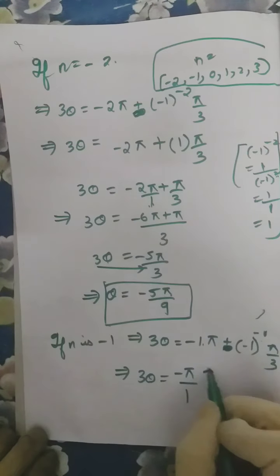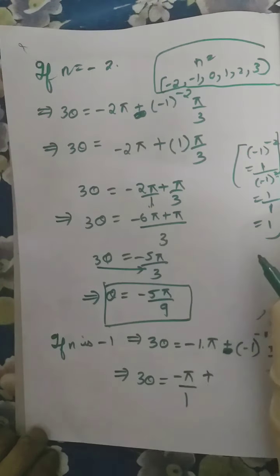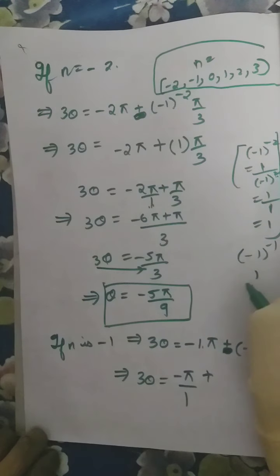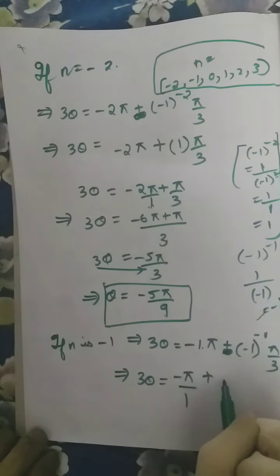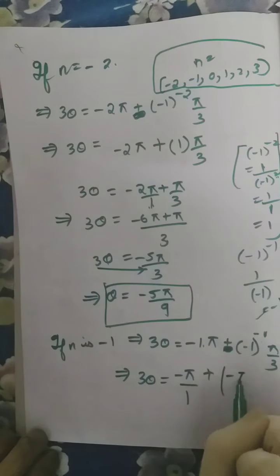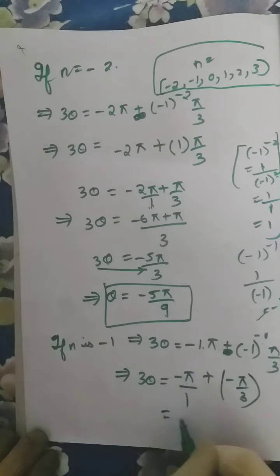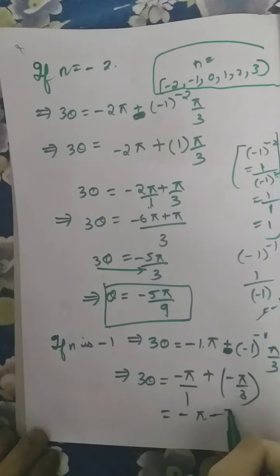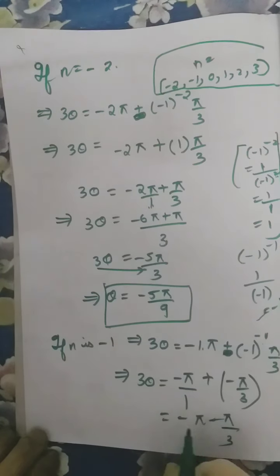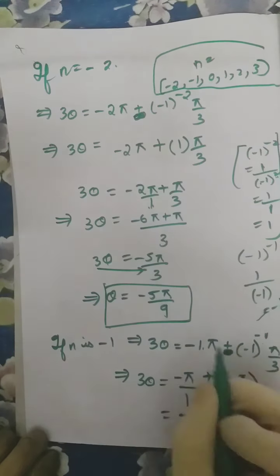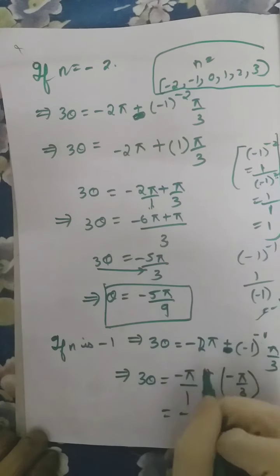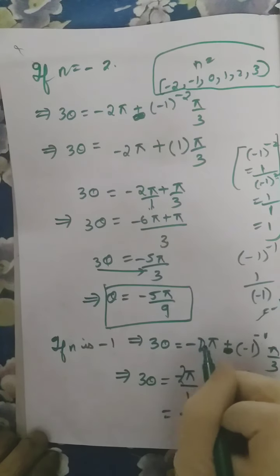Again I wrote wrong. Plus minus 1 power minus 1 is nothing but 1 by minus 1, which is also minus 1. So it will remain minus 1 into pi by 3, that is minus pi by 3. And here I have 2 also in the equation, right? I forgot to write 2, sorry.